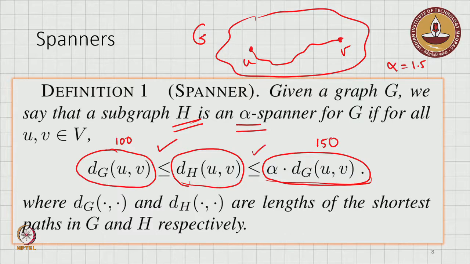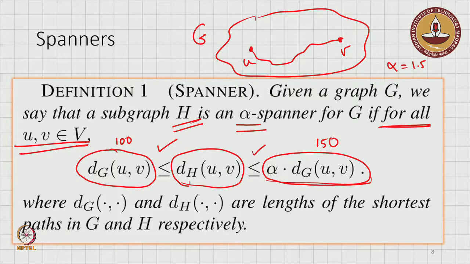In other words, when you reduce the number of edges in the graph H, you don't want to blow up the distance beyond alpha times d_G(u, v), and this must be true, remember, for all pairs of vertices u and v. Okay. So this is the definition of a spanner.